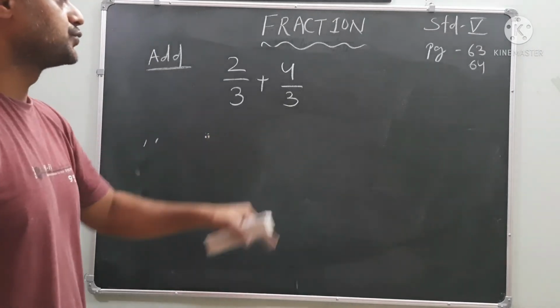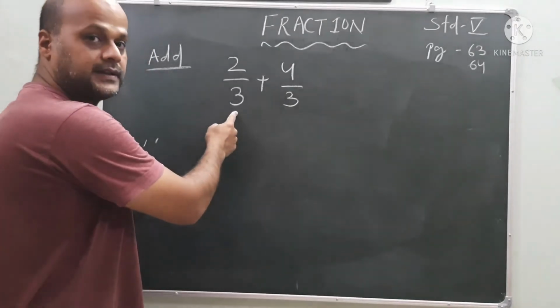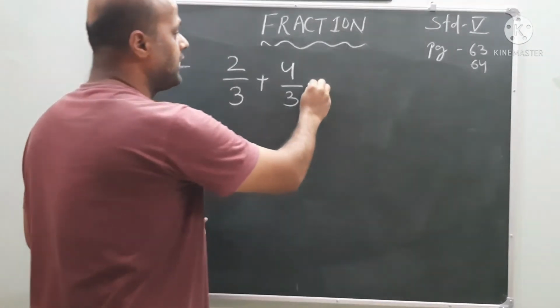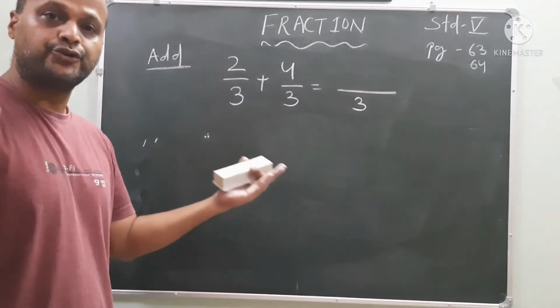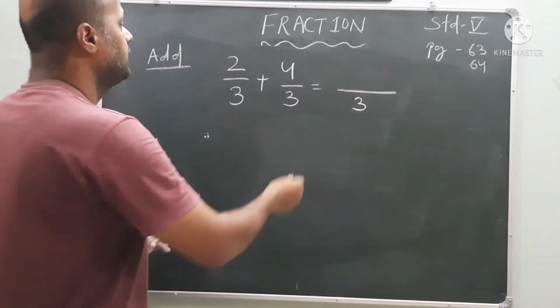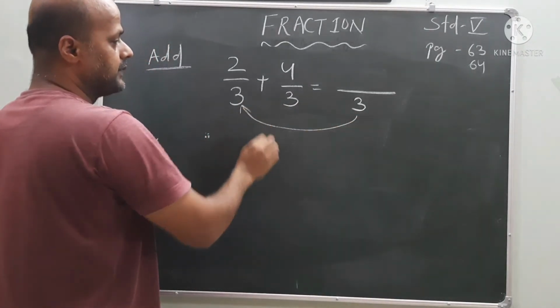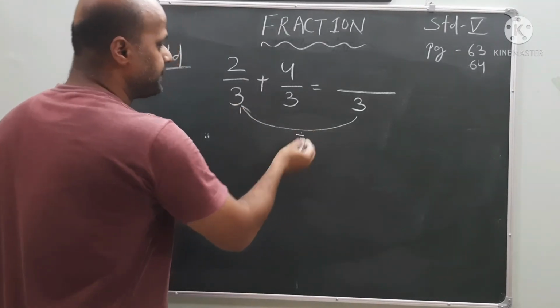In these two cases, which one is proper, which one is improper? 2 by 3 is proper, 4 by 3 is improper. How will you add it? 3 is the LCM. You know it in that manner. So which one? 3 divided by 3, how much? 1.